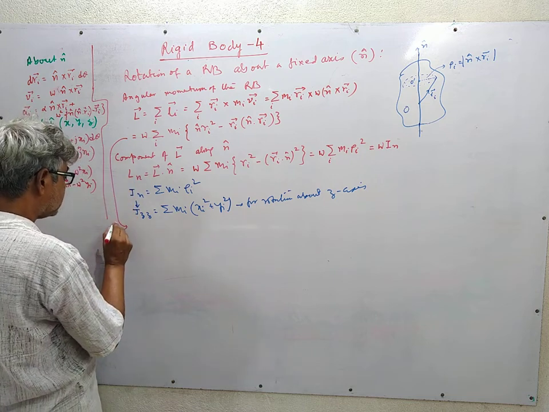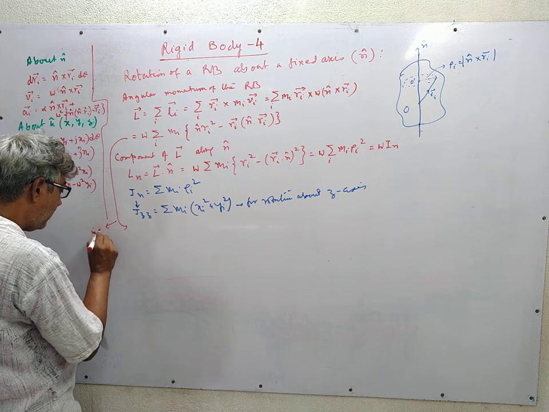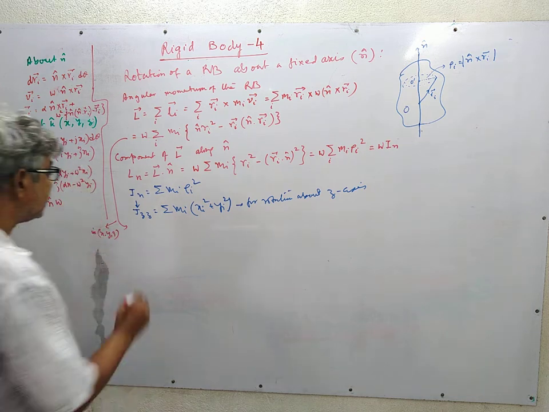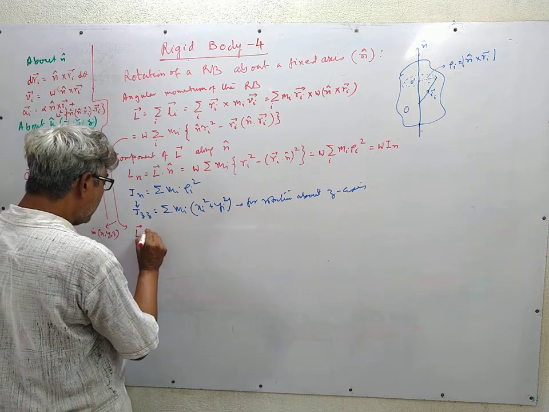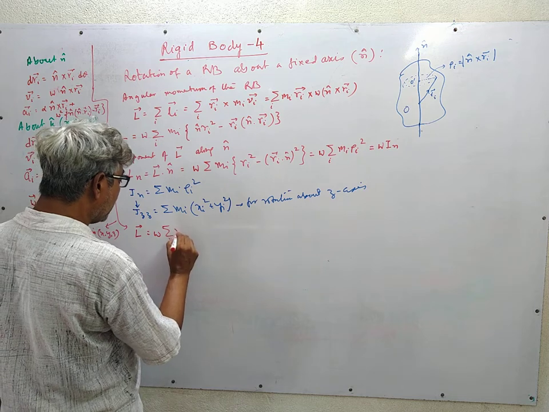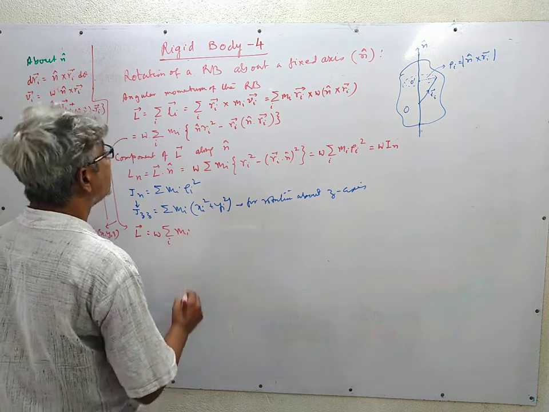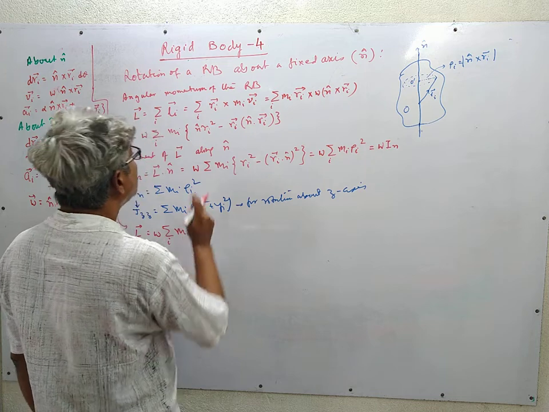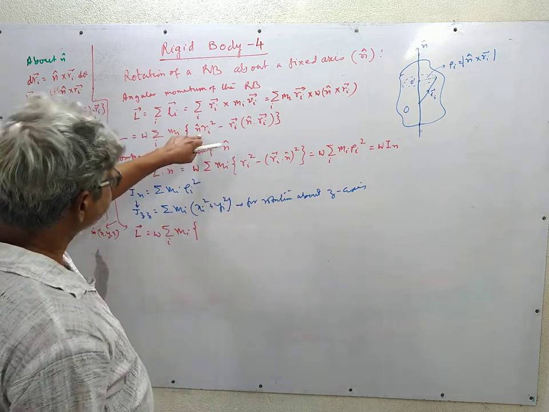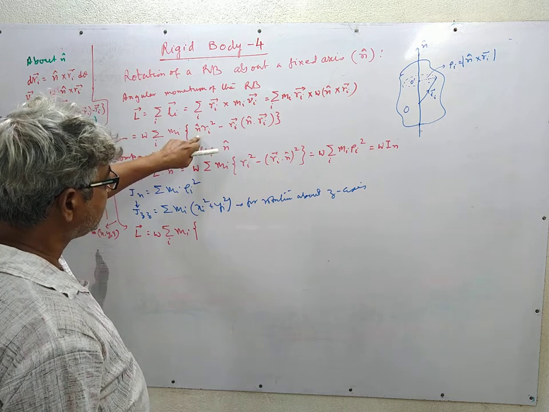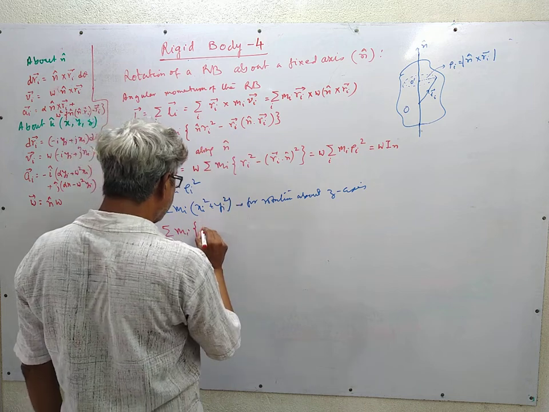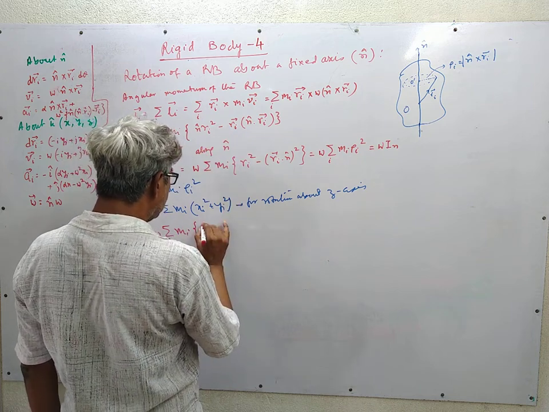in Cartesian space, in xyz space, this can be written as L is equal to omega summation over i mi, this is n cap, that is we consider the rotation to be taking place along z axis.